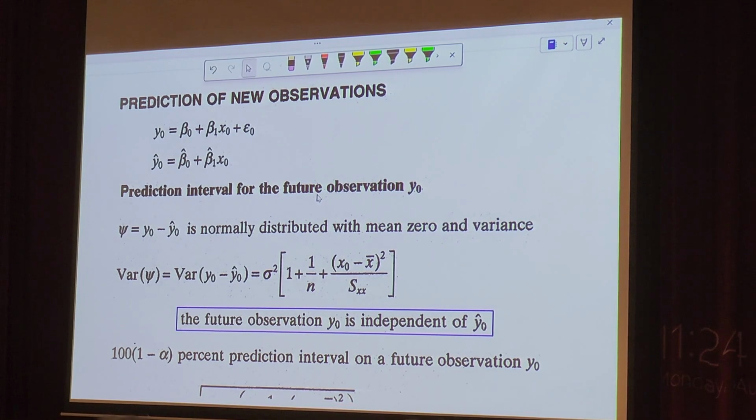Now to estimate the mean response of y at a particular x value is important. For example, I want to know the average monthly salary of people who graduated 5 years ago. But prediction is also very important. Okay, let's say I meet someone.